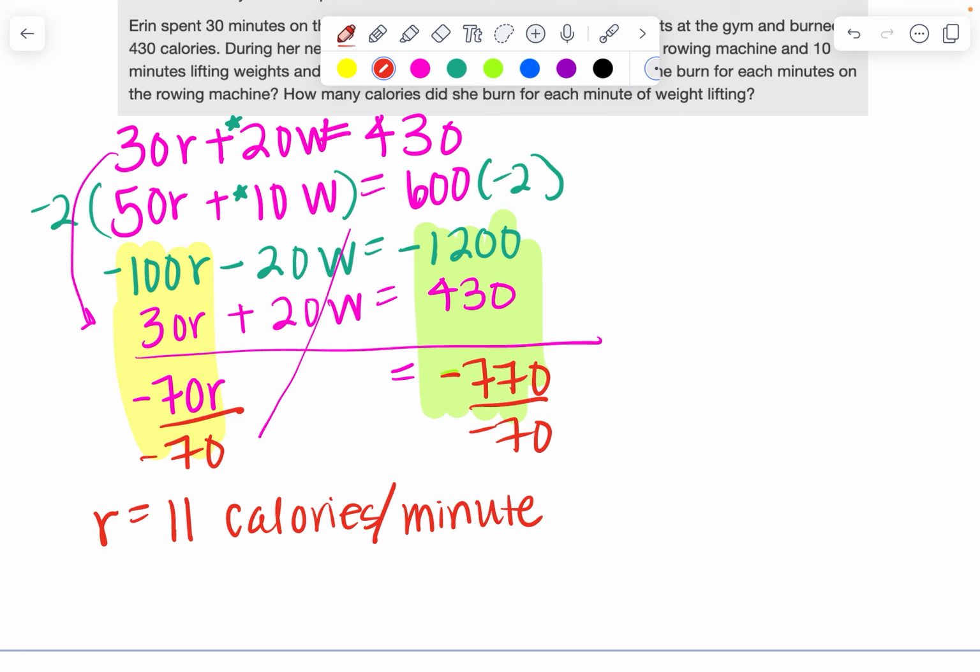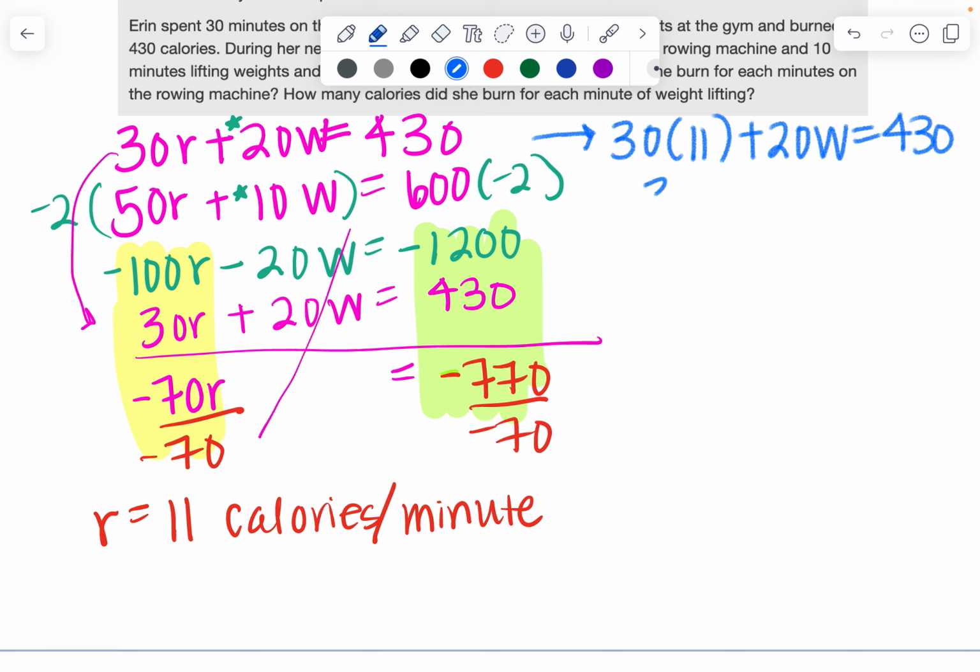But now I need to figure out what she gets for weightlifting. Again, I can choose any of these equations. I'm going to do this one. So 30 times 11 plus 20W is 430. 30 times 11 is 330.